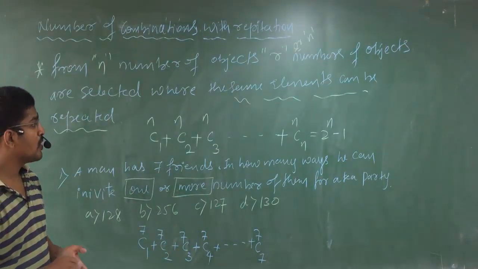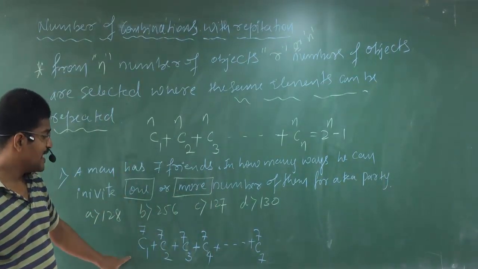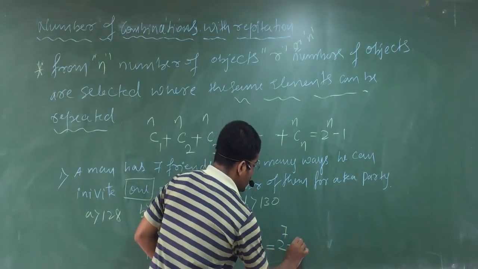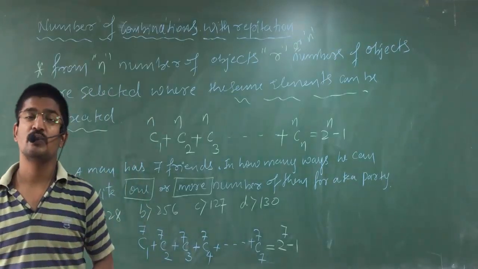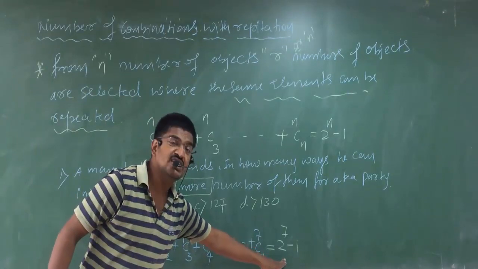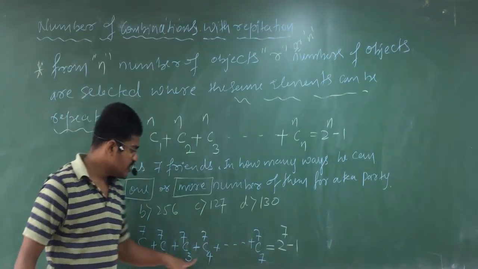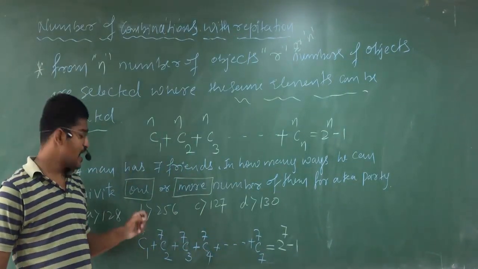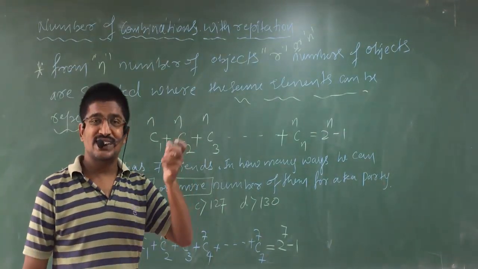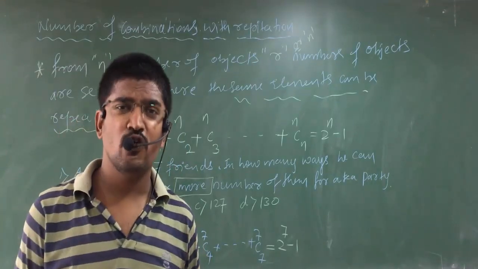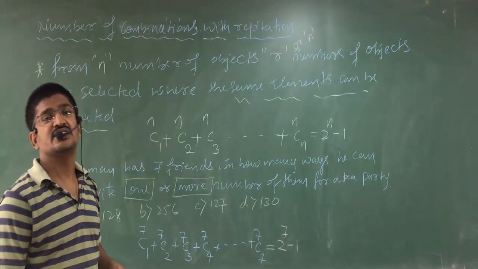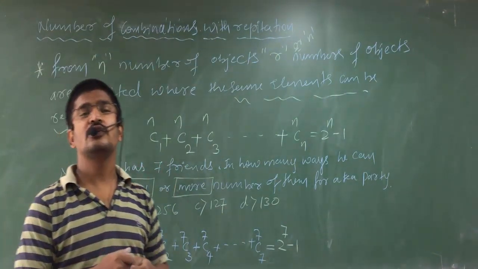1 or more. According to our problem, I can write it as 2 to the power of 7 minus 1. If you don't get this formula to remember, you can simplify all these terms and add. You calculate 7C1, sum with 7C2, 7C3, 7C4, 7C5, 7C6 and 7C7, and you make the sum of all those.